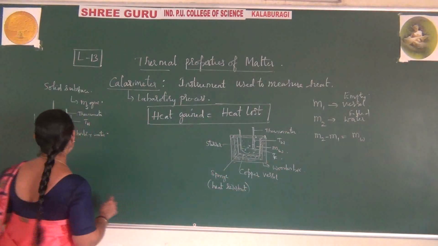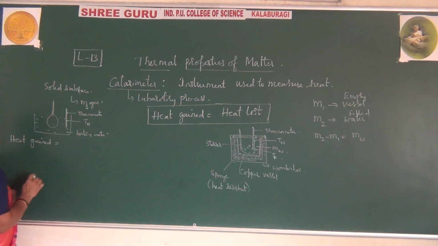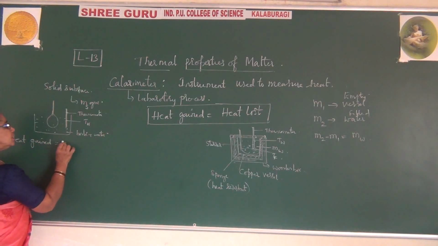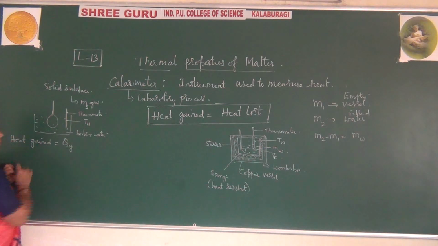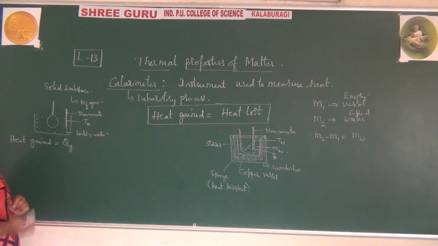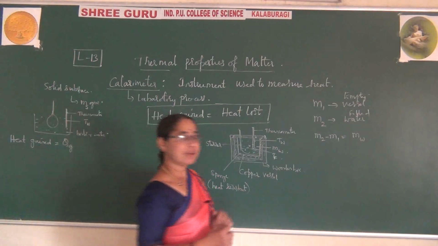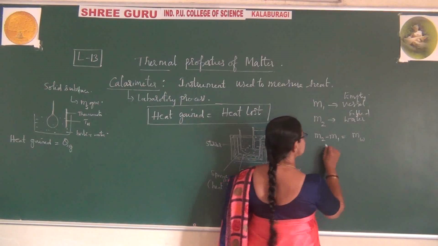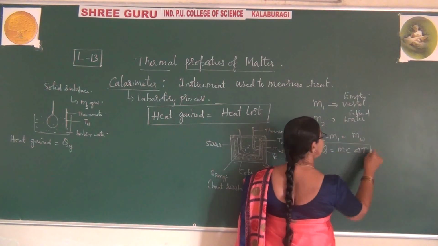So here heat gained is represented by Q. Therefore, since this is gain, I write it Qg. What is this Qg? The heat gained by this. You already know from the previous class, while writing the concept of specific heat, we learned one formula, Q = mcΔT.